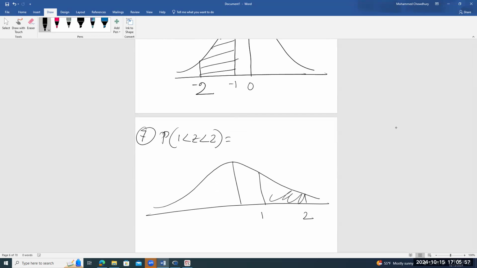I want to find this area, percentage, probability, or percentage of frequency, which could be done as stats.norm.cdf(2, 0, 1) minus stats.norm.cdf(1, 0, 1).